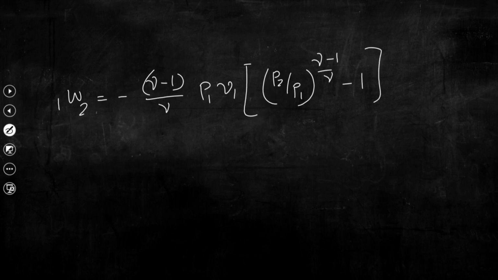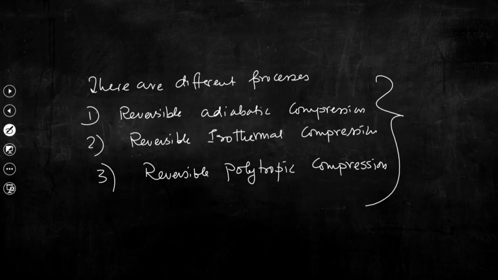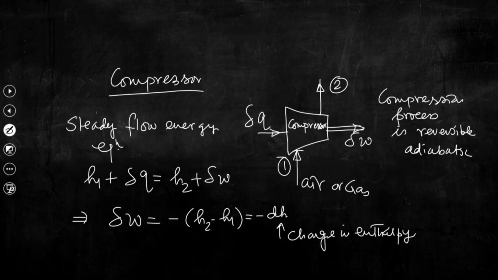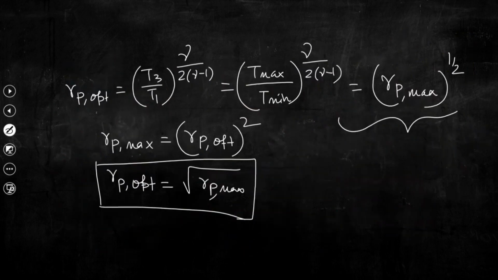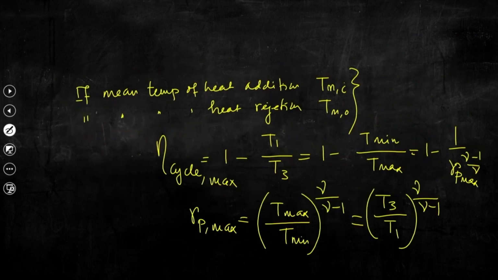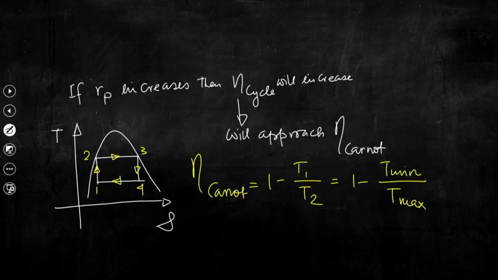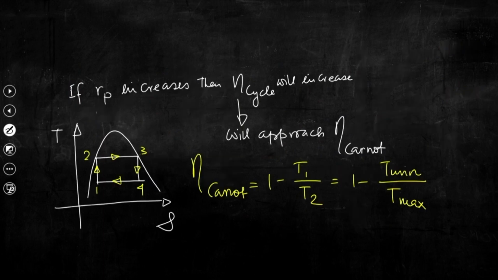Try to understand, few minutes back we could write the pressure ratio, and what is this pressure ratio? P2 by P1, right. So, this pressure ratio P2 by P1, that is Rp.